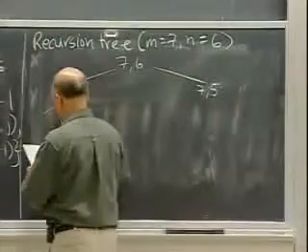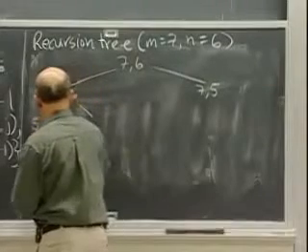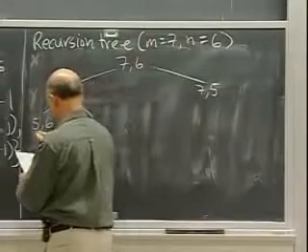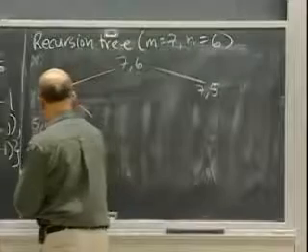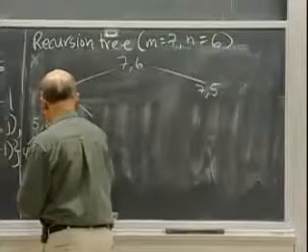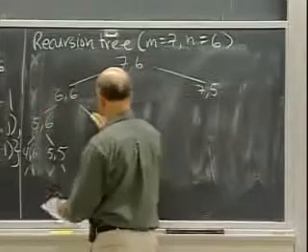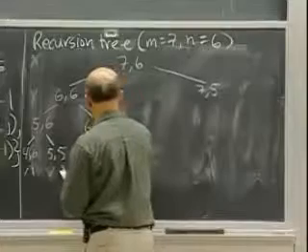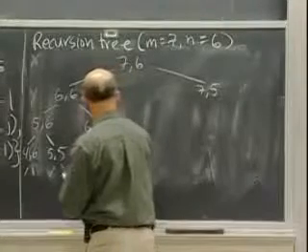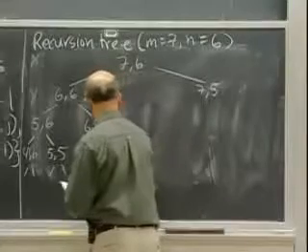And then this guy is going to split, and he's going to produce 5, 6 here, decrement the first index, i. And then if I keep going down here, we're going to get 4, 6, 5, 5, and these guys keep extending. Here I get 6, 5, 5, 5, 6, 4.